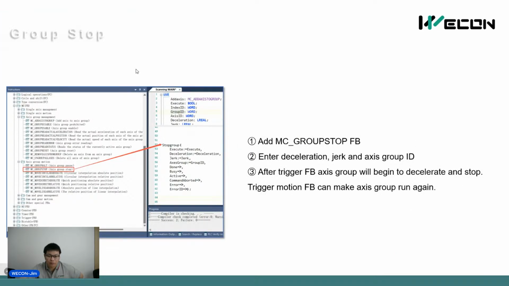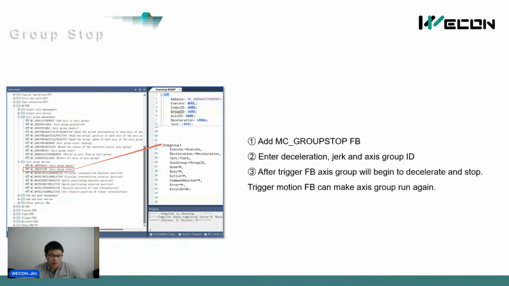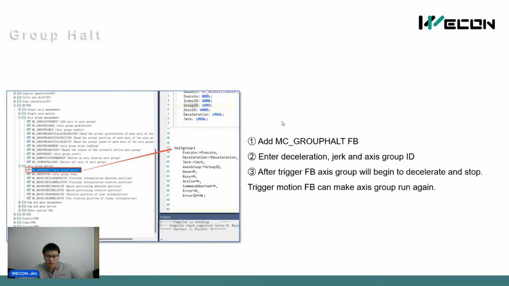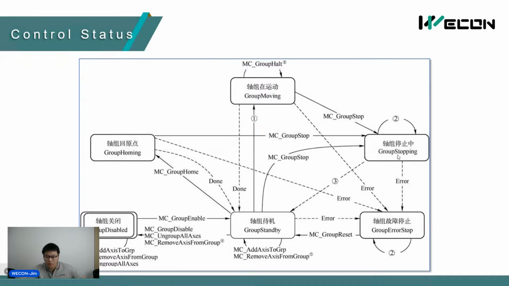And these two function blocks are used to stop the current movement. The difference is, if you use this group stop function block, the movement will stop and the status will change to group stopping status.